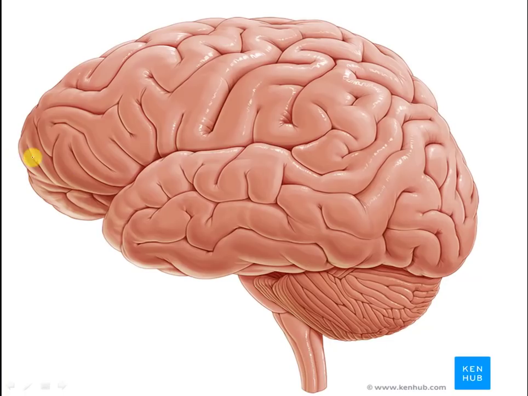So the brain lies inside the cranial cavity, and it lies on the base of the skull. Here the anterior cranial fossa contains the frontal lobes, the middle cranial fossa contains the temporal lobes, and the posterior cranial fossa contains the cerebellum and the brain stem.